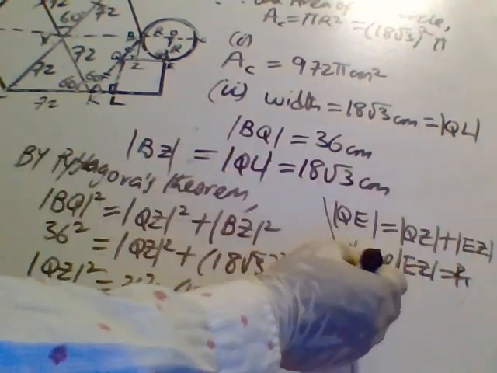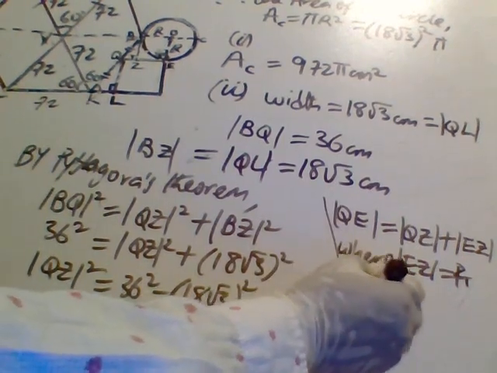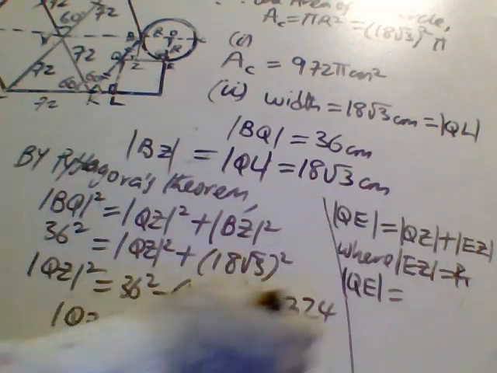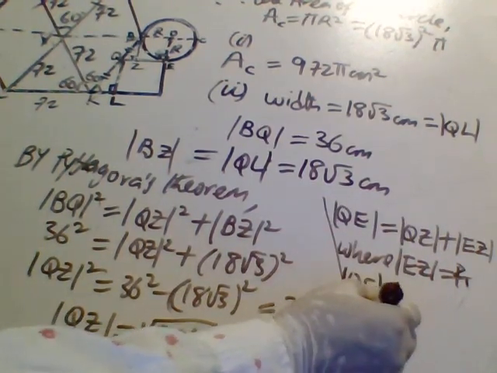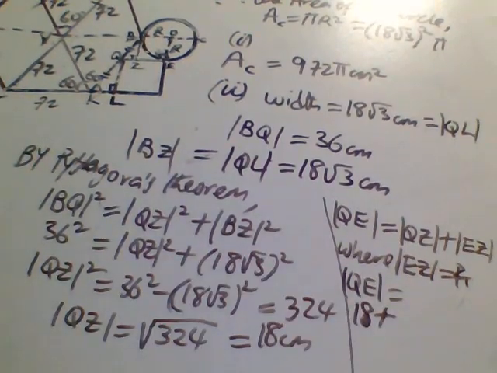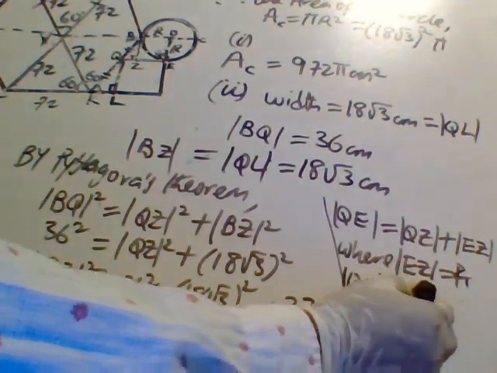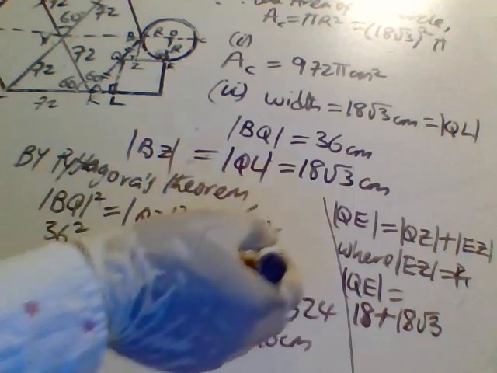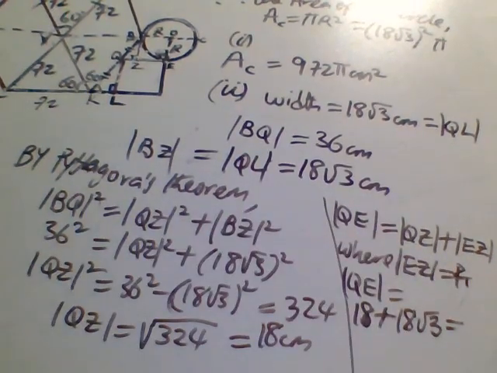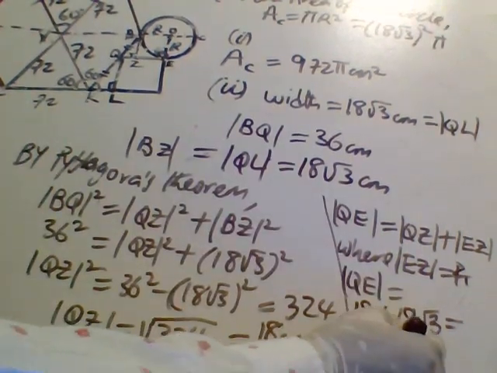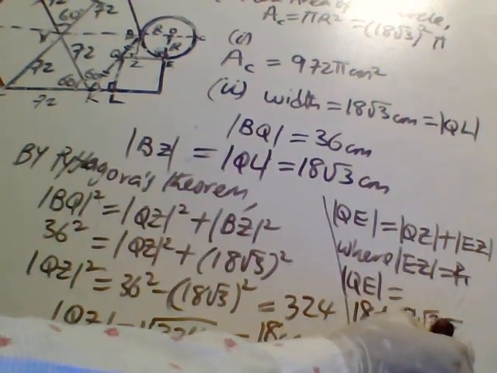So from here we have QE to be equal to what? QZ, that gives us 18, plus what we have as the radius. We have the radius to be 18√3. If you want, you can simplify it. 18 is common, bring it outside, have 1 plus √3 cm.